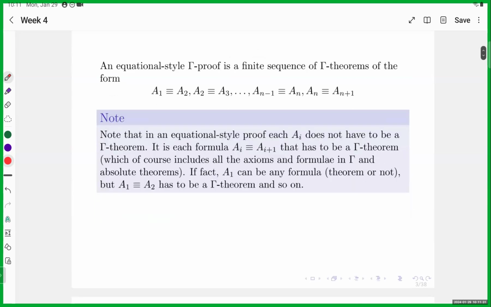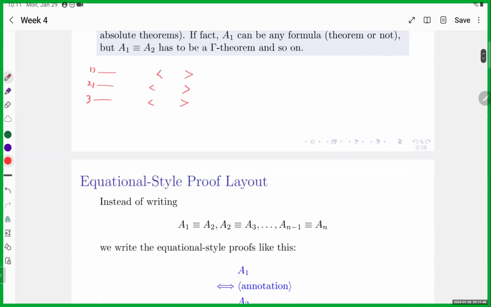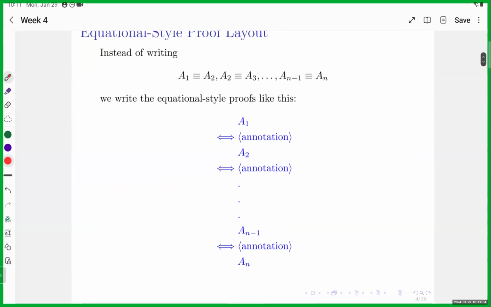That means in the Hilbert style, we were writing steps of formulas like this, and here we annotated them. Now here, we're going to do things a little bit differently. This time we are going to write formulas such that each formula in the previous step is equivalent to the formula that comes in the next step, and so on.